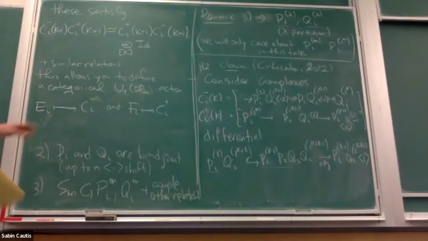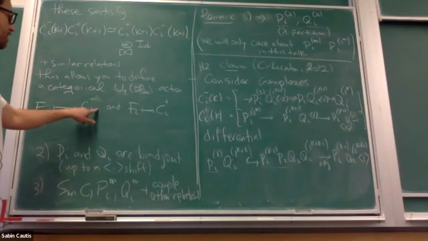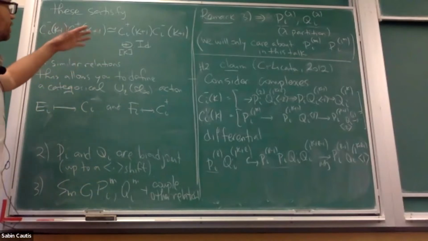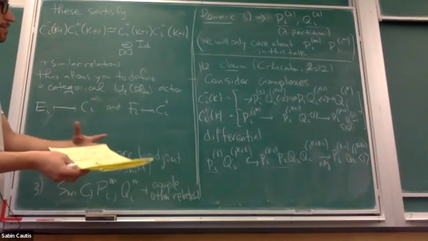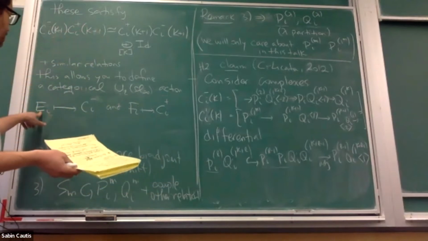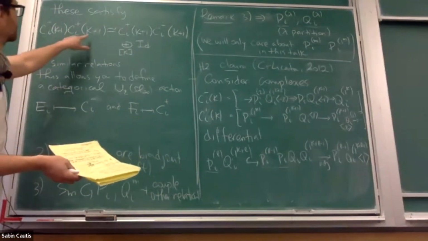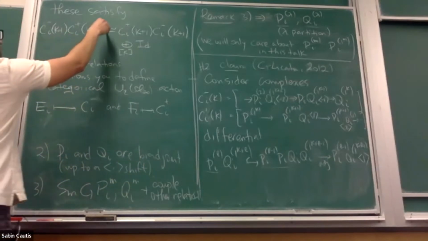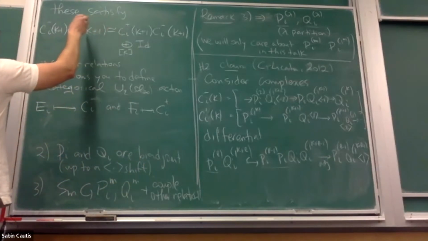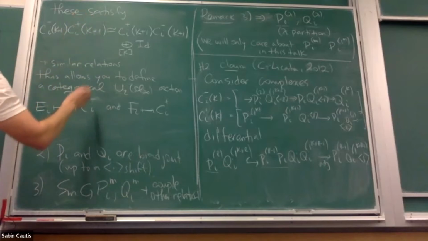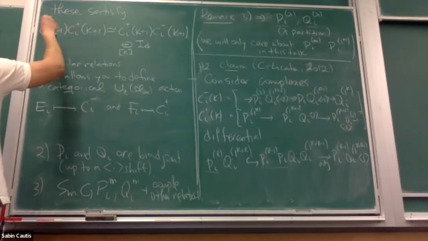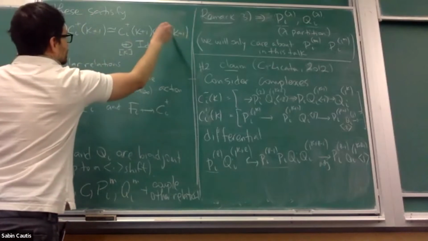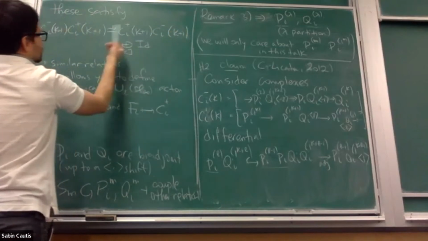Of course, notice I omitted the K here, but you have to be a little careful. You have to keep track of which weight space you're in, and depending on that, you define an Ei in terms of the weight space and some K. So for example, here there's some weight space, and you define Ei involving the K minus one, and then of course it's adjoint. This is Ei Fi, and on the other end, the Fi here is in some other weight space.